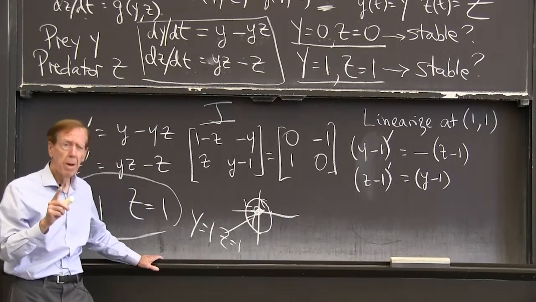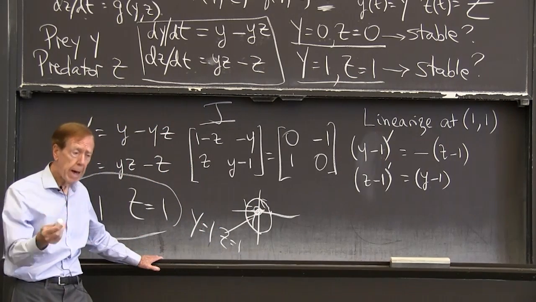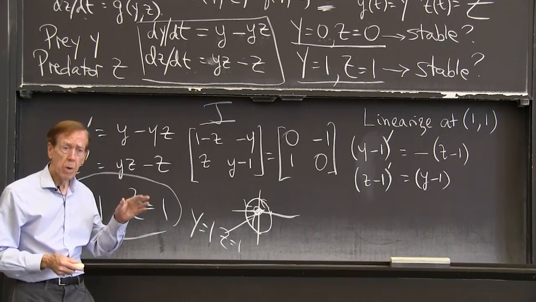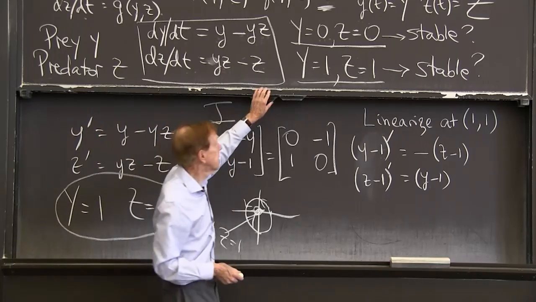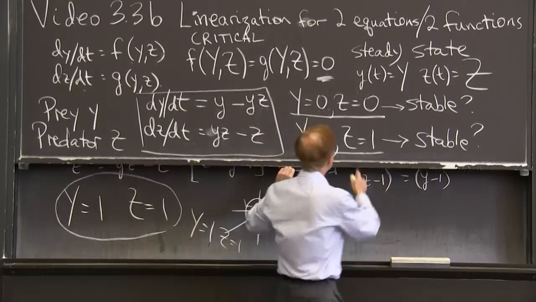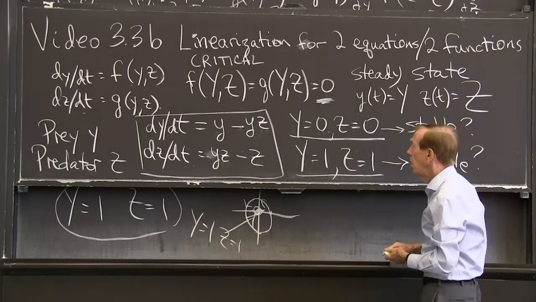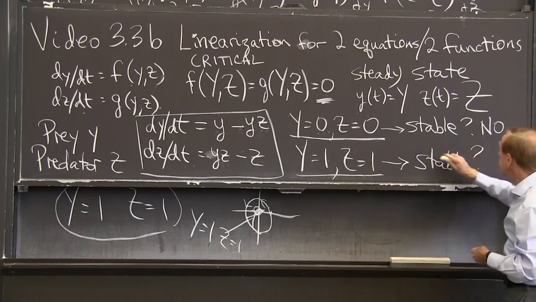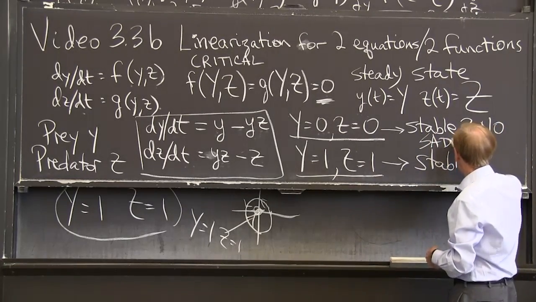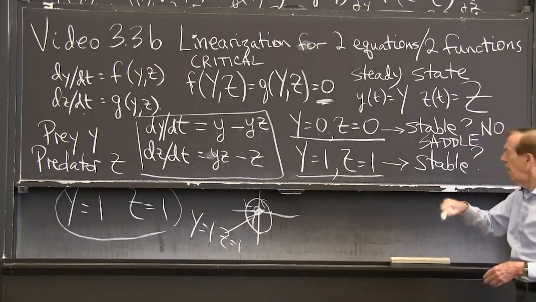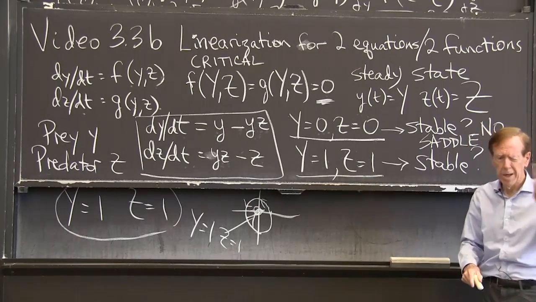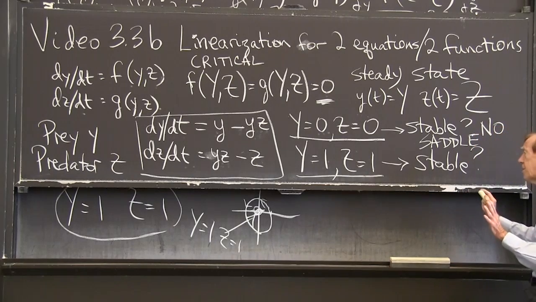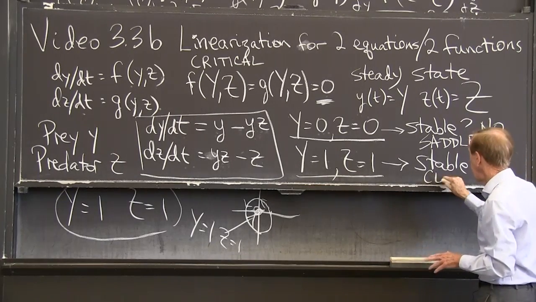If you remember the pictures of the paths for 2-by-2 equations, there were saddle points. That's what this is. y equals 0, z equals 0 was a saddle point. And what I'm discovering now for y equal 1 is an oscillation between foxes and rabbits. So again, I could say, it'll be a center.